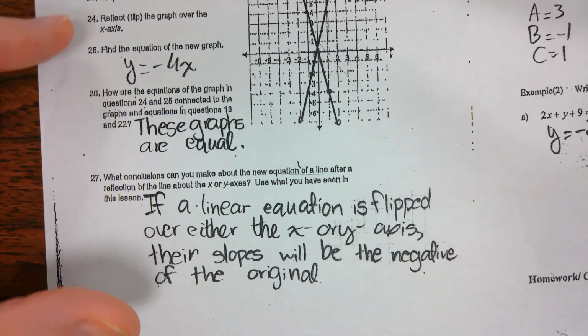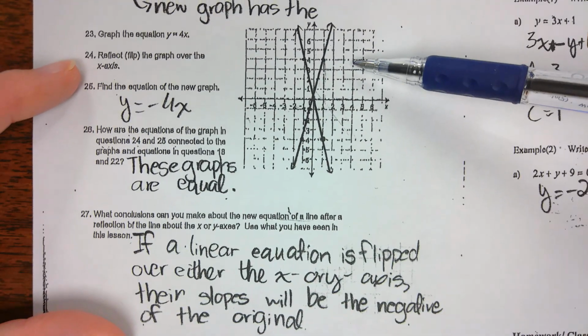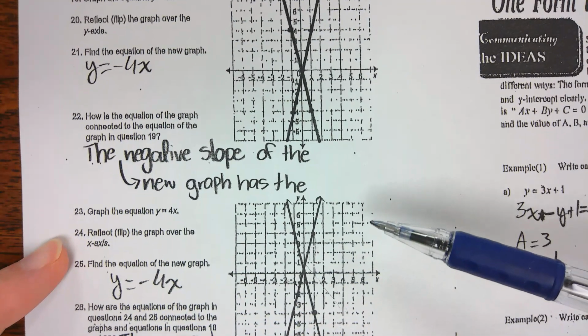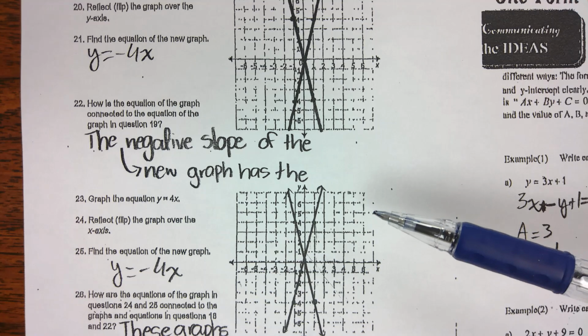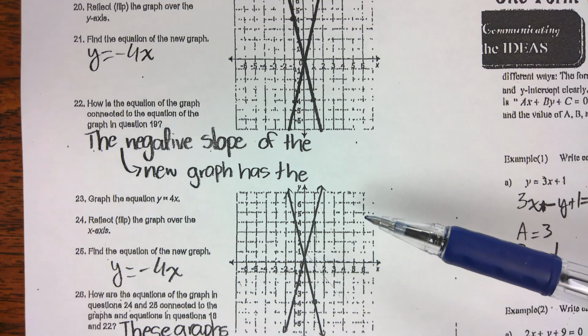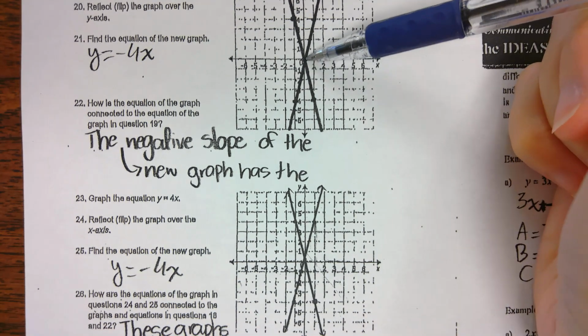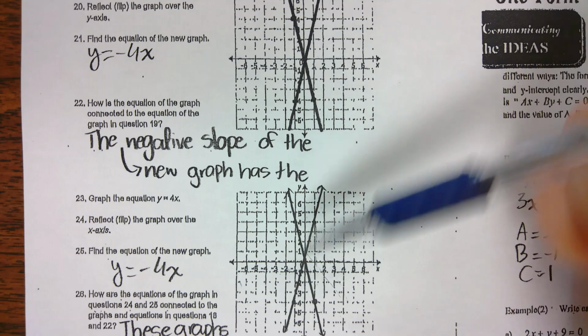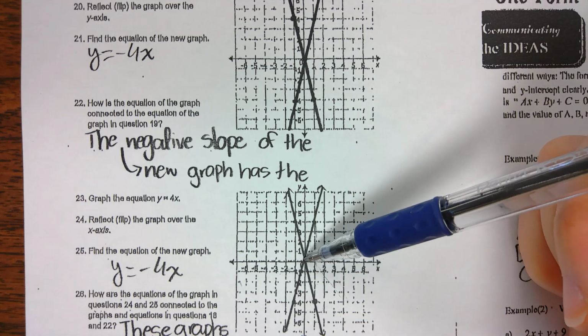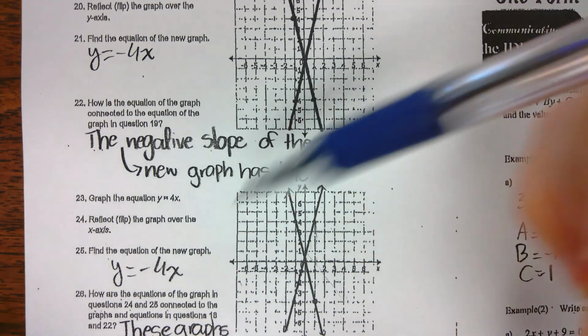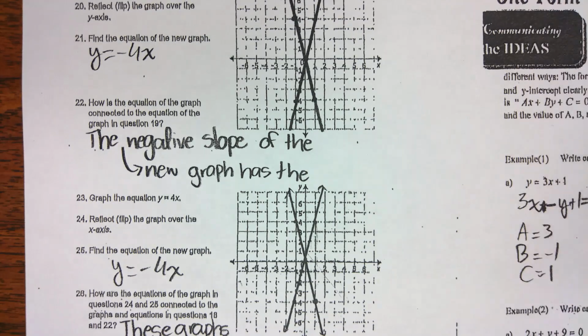This one, if you flip it over the x-axis, what do you get? Compare these two graphs. The same, alright? So no matter how you flip it over the x or the y around the origin, only if it's to the origin though, if your line goes through the origin, it will give you the same line.